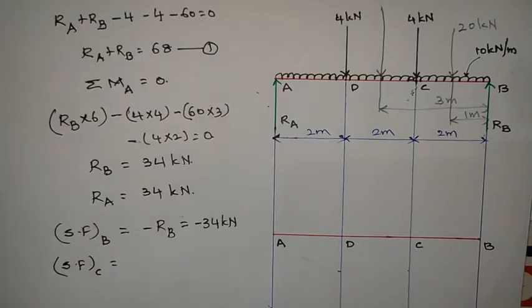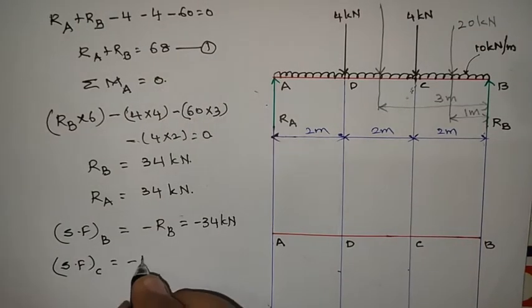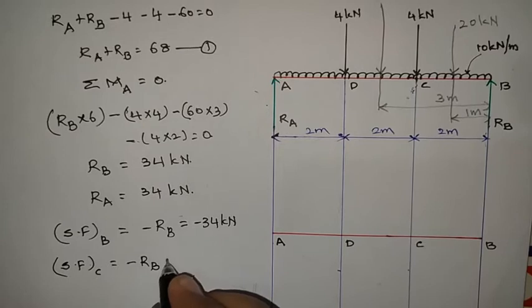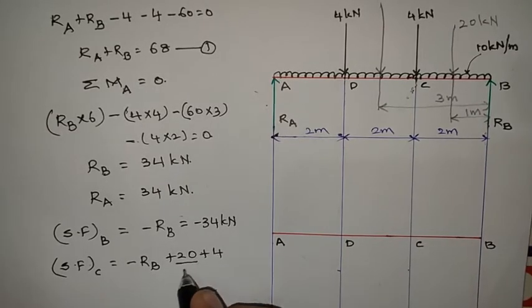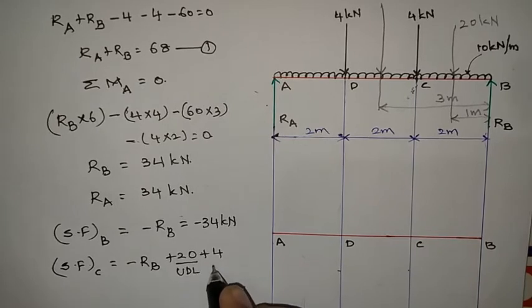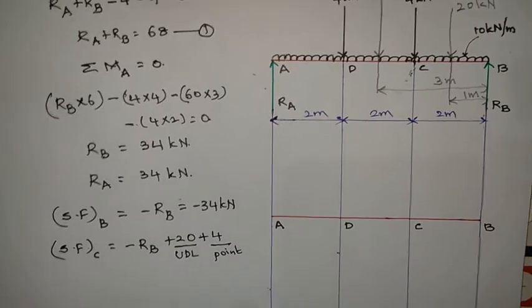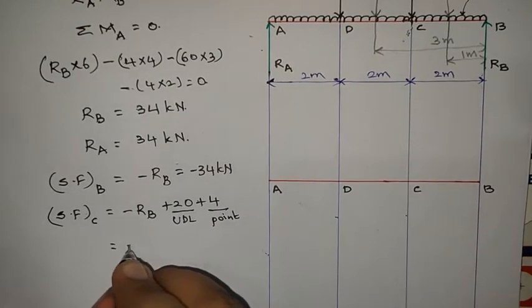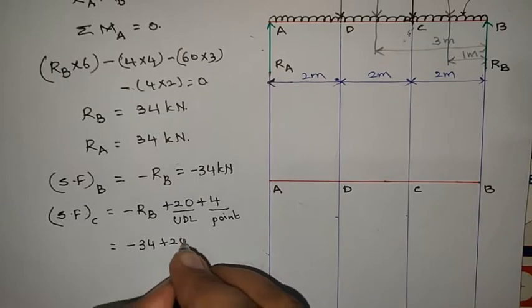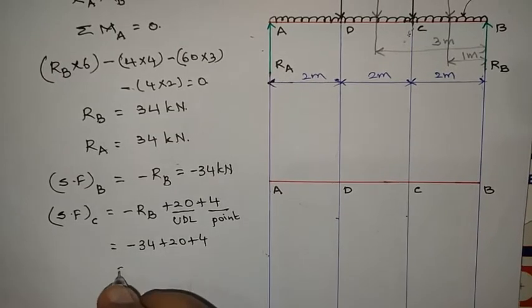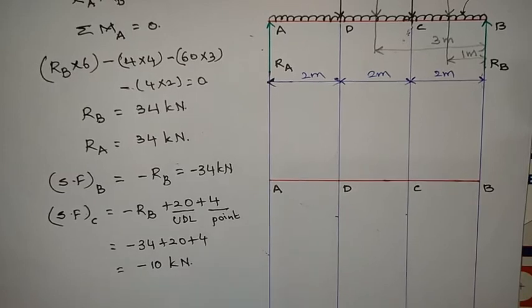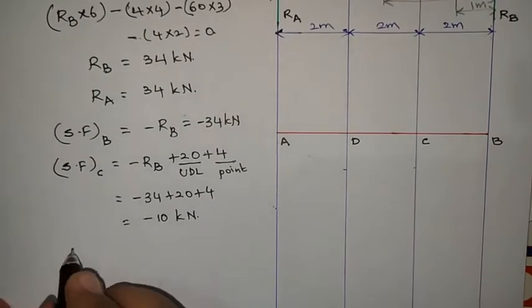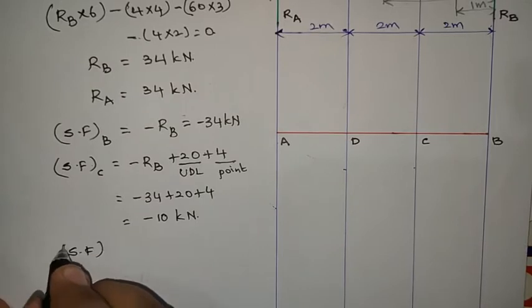So now write them: minus RB plus 20 plus 4. This 20 is regarding the UDL, this 4 is regarding the point load. So that equals minus 34 plus 20 plus 4, that equals minus 10 kilonewtons, right?